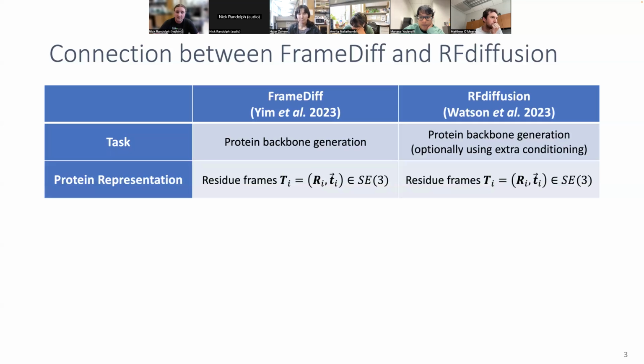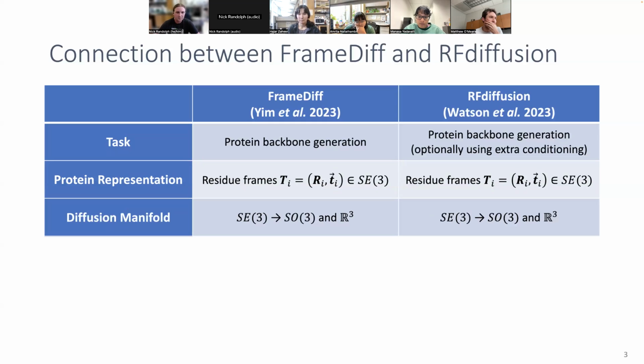So each residue is actually an element of SE3, which is a manifold that we talked about last week or 2 weeks ago. That consists of rigid transformations T that are actually composed of a rotation matrix and a translation vector. And so both of these methods use these rigid frames as a residue.